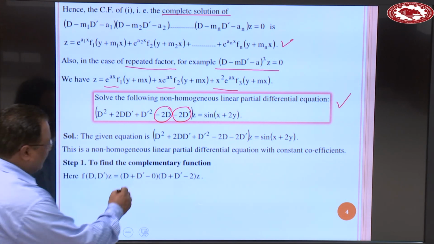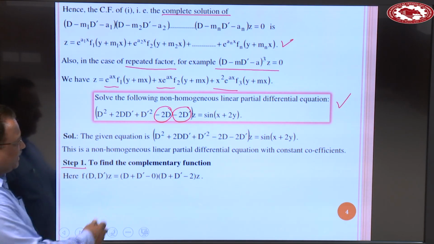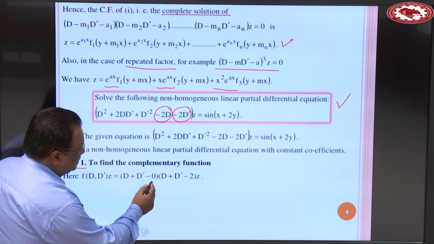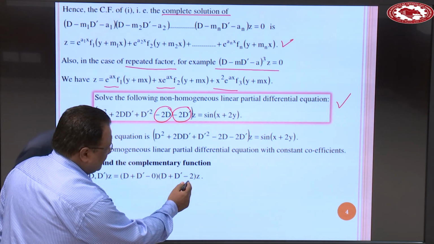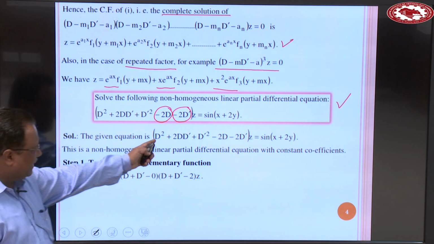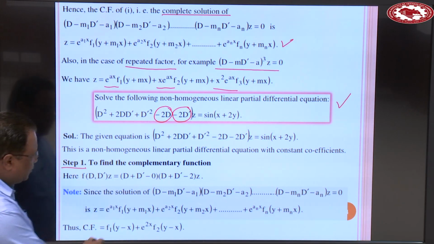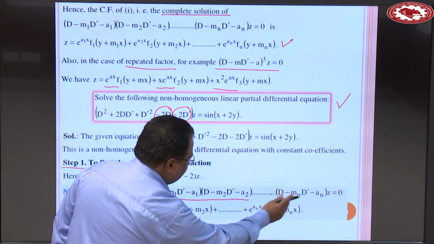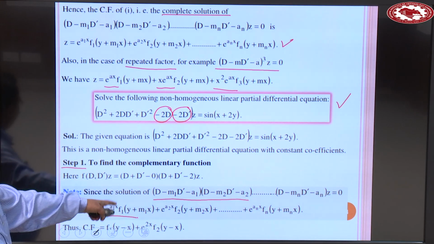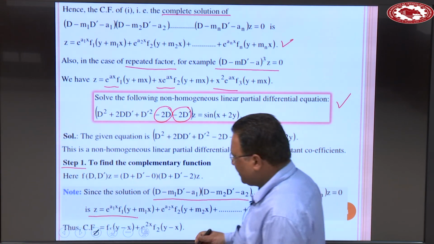Now find the complementary function. First step is to find the complementary function. So here f(D, D')z is equal to (D plus D' minus 0)(D plus D' minus 2)z. So the left side can be written this way, and use this formula for evaluating the complementary function for this problem.